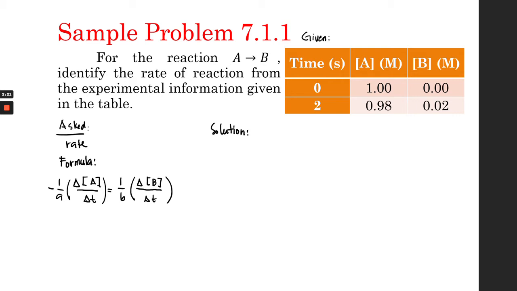Let's solve for A. We know that A is our reactant, so if we follow this equation for A, we get negative 1 over A. But since we don't have any coefficient for A, that's basically 1, multiplied by the change in A.